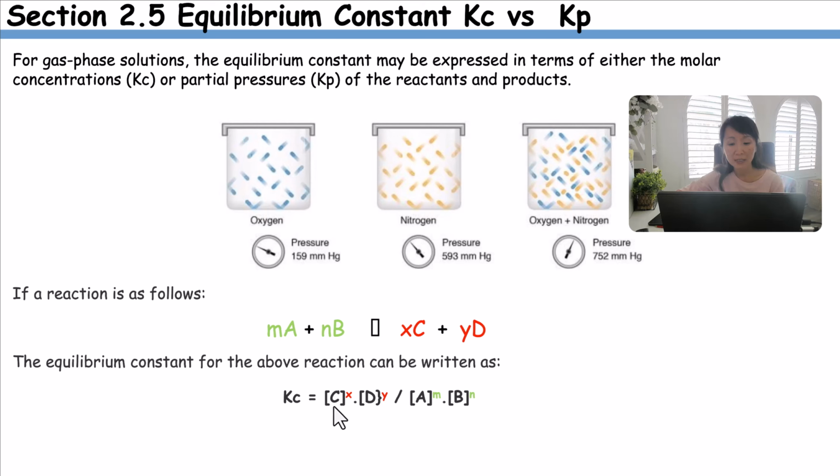So we had seen this before, where the concentration of the product over reactant with its appropriate exponents, based on the balanced equation, is shown below. I realize that there's a square here, and that's probably because it's not reading the symbol of the equilibrium double arrow.